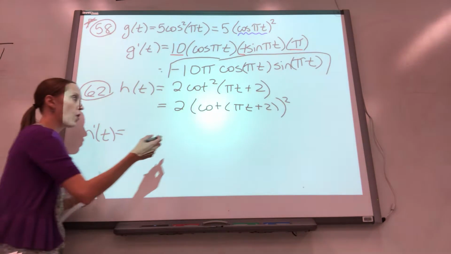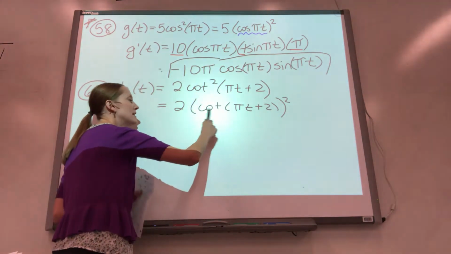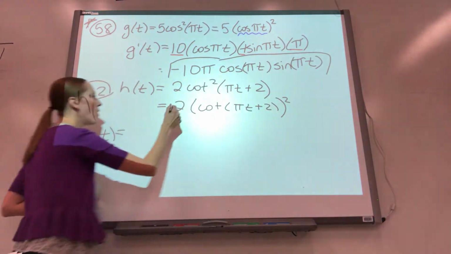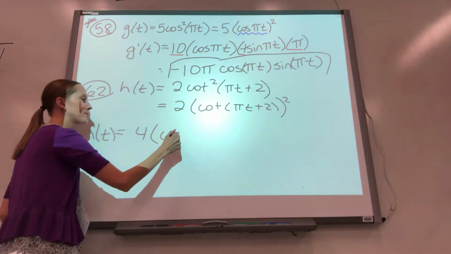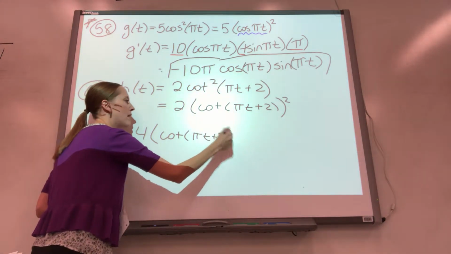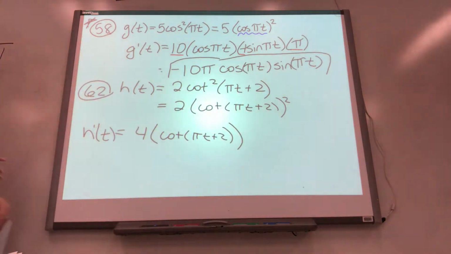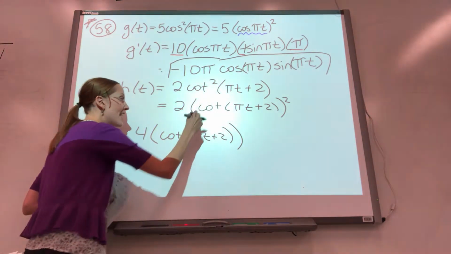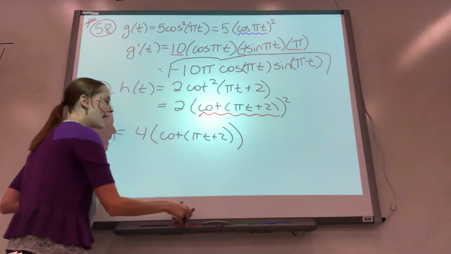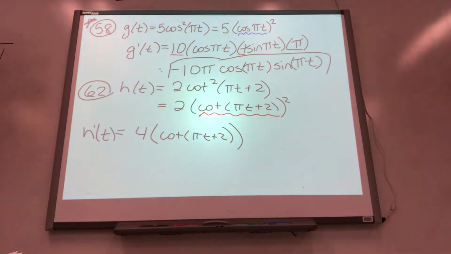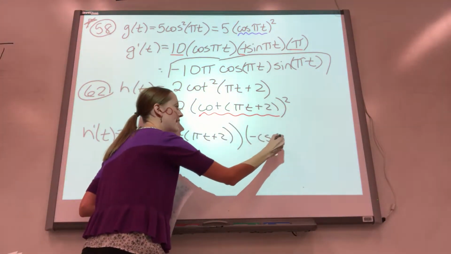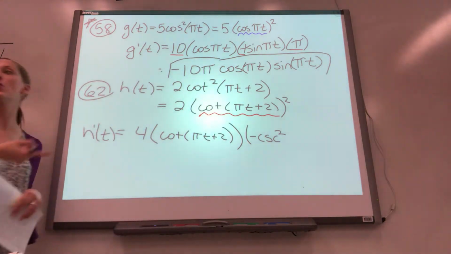So chain rule, original chain rule, something with variables raised to a power. I'm going to pull the power out front, make my new power 1 less, so that's just a 1 now. But then I have to come back and take the derivative of the part in parentheses. Derivative of cotangent is negative cosecant squared.